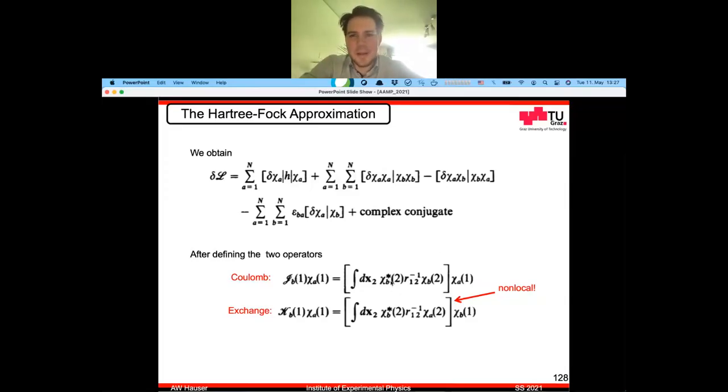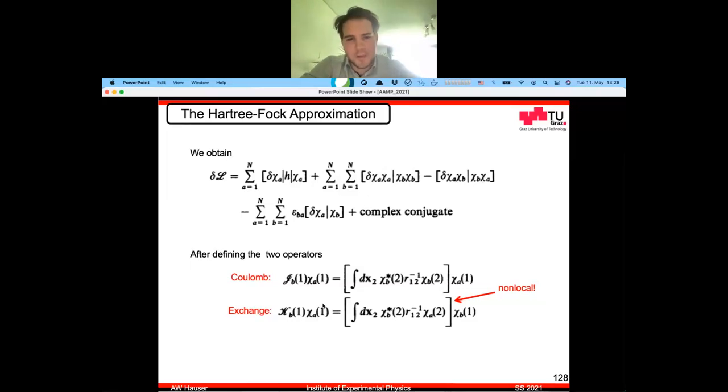And I can do the same thing for the other term, which I call the exchange operator. So if the exchange operator acts on orbital A, it does exactly the same thing as the Coulomb operator. It is this integral over the second electron coordinate. But there is another thing implemented here, namely what we did before, the permutation of electrons 1 and 2. So if this exchange operator is acting on orbital A, it is on the right hand side also swapping coordinates for electrons 1 and 2.